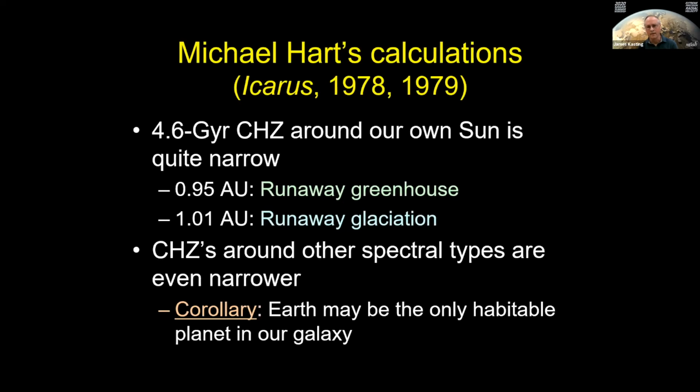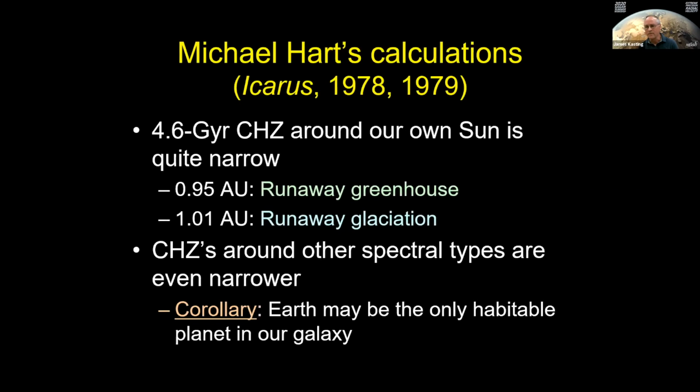And then in the second paper, in the following year, Hart took this same model and applied it to planets around other types of stars, and he concluded that the continuously habitable zones around other spectral types are even narrower, or in some cases non-existent.